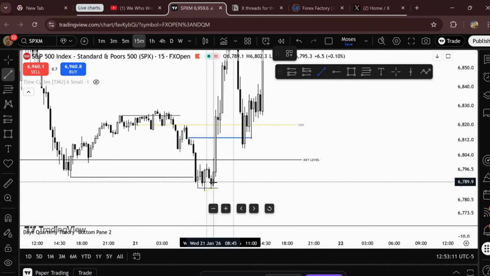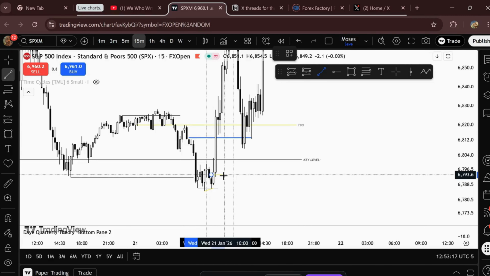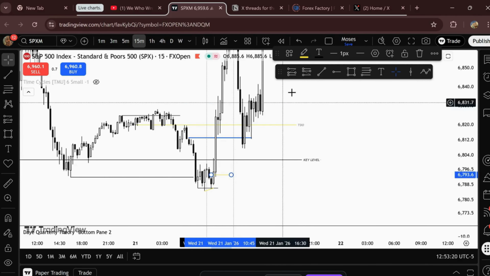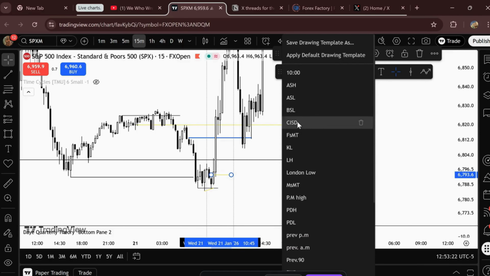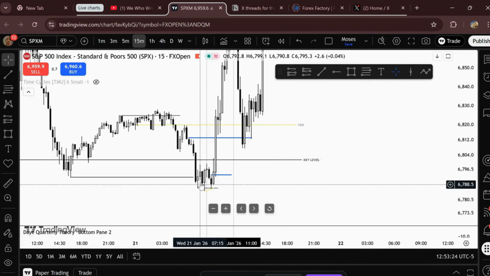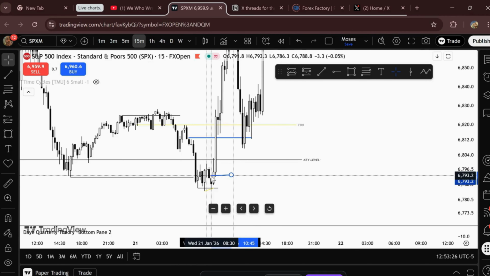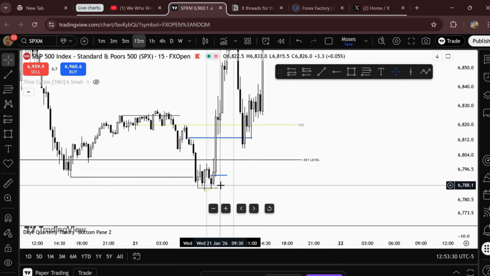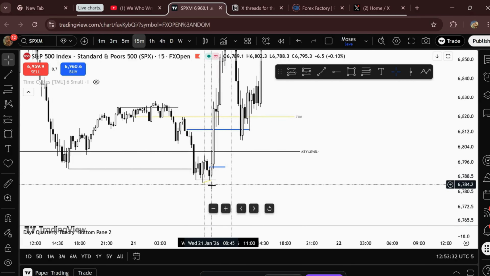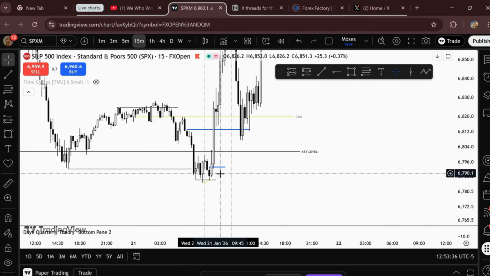But as soon as price closed above this last bearish candlestick here, this became our change in the state of delivery. This was the first change in the state of delivery that occurred, and it occurred at a very specific time, the 8:45 to 9:15 macro.